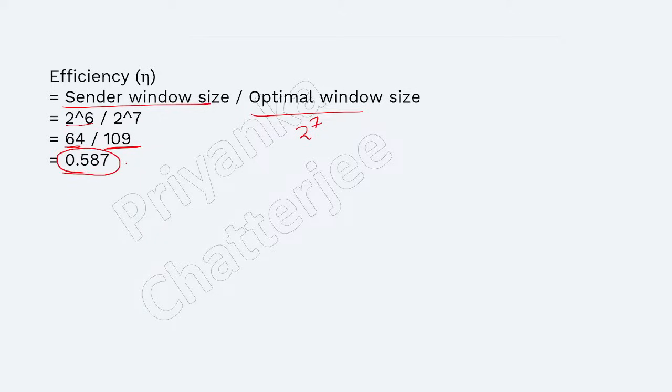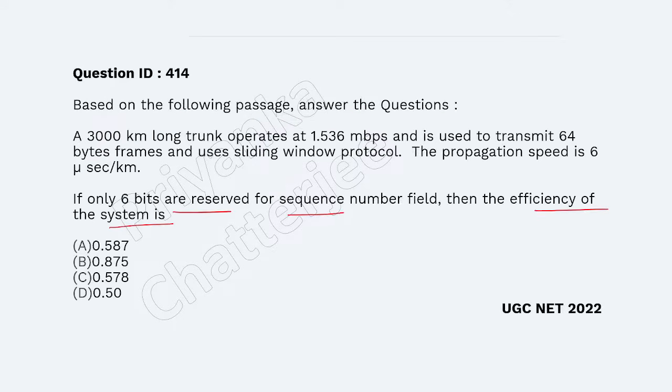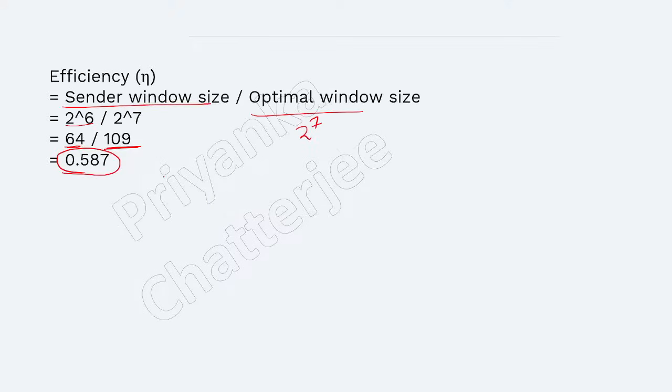0.587. The exact value, or a near about value, you can calculate. With the near about value also you can get the answer, or you can go for the exact value also. How to calculate this exact value? 100% means 109.